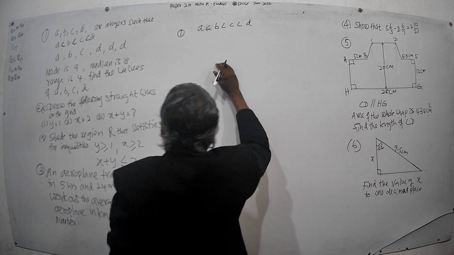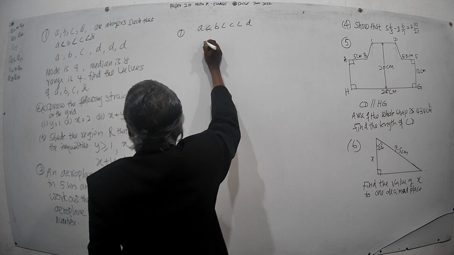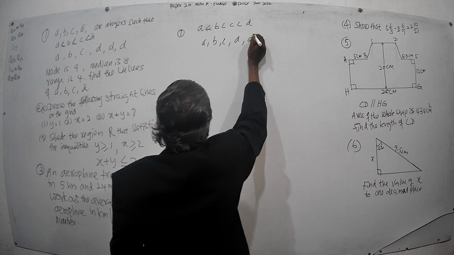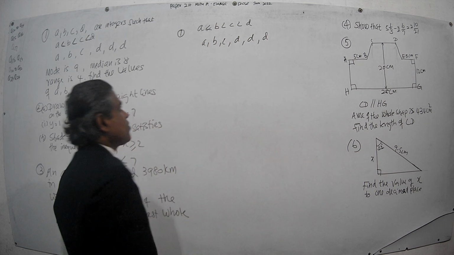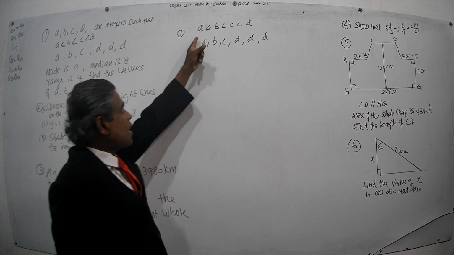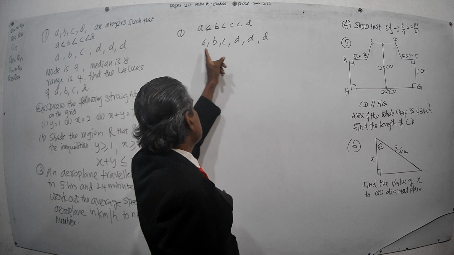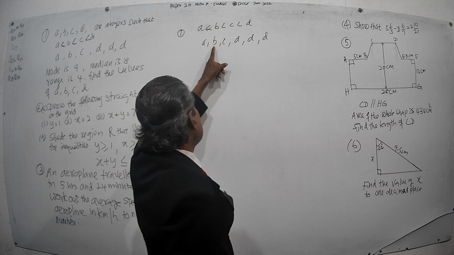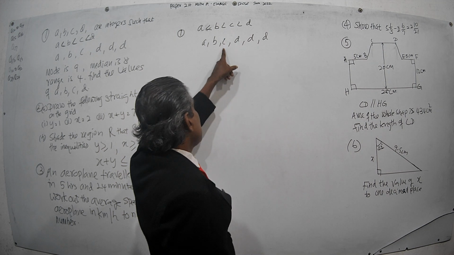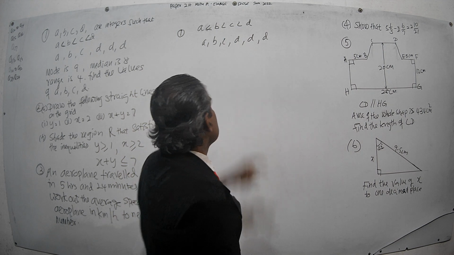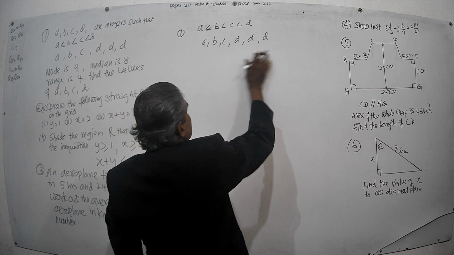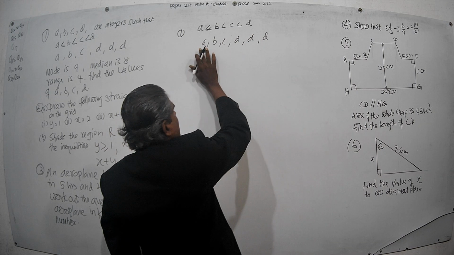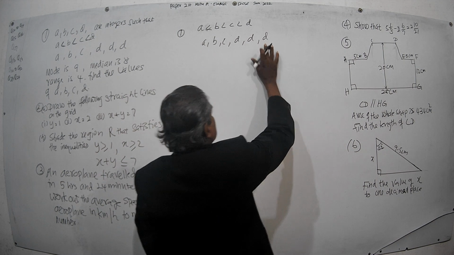The set is A, B, C, D, D, D. A is the smallest, B is the next larger, C the next larger, D the next larger. So this is in ascending order. A is the smallest and D is the largest.